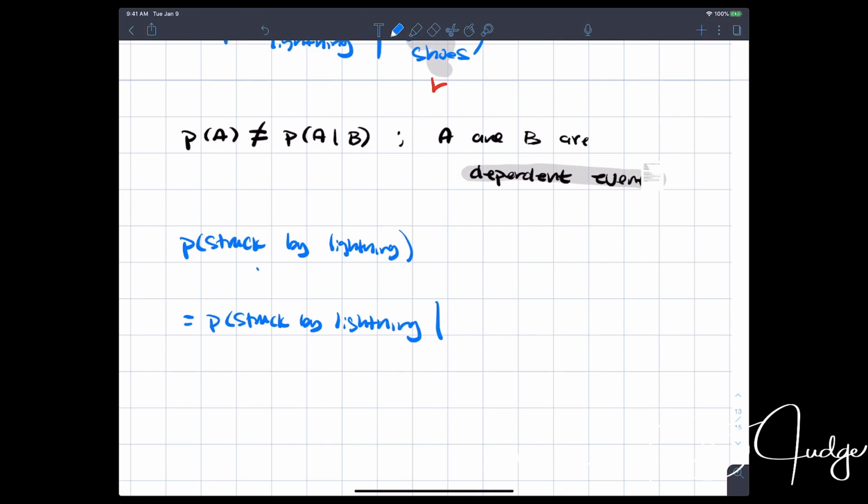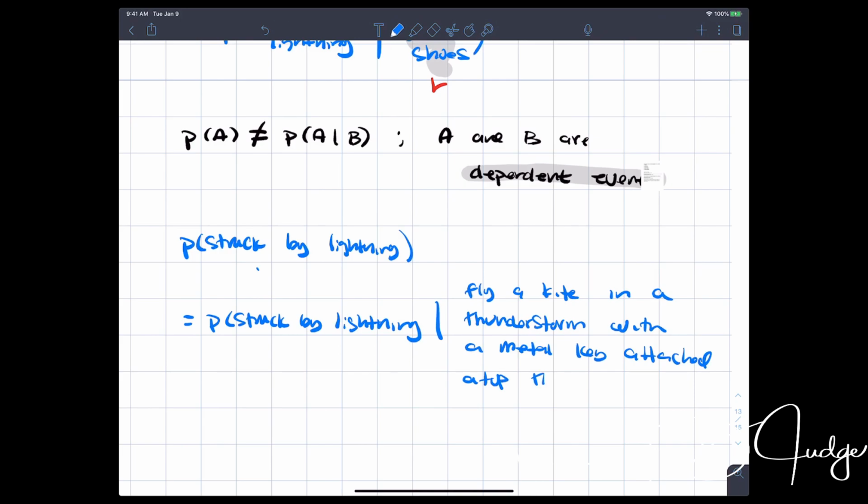Let's introduce this condition. Chance of being struck by lightning, given that now you fly a kite in a thunderstorm with a metal key attached atop the highest hill.